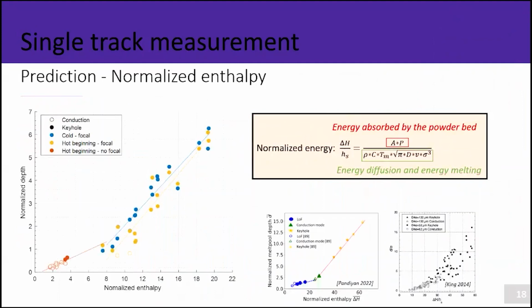And here this is my result, and here this is the result from the literature, and we can see that we observe the same tendency with two domains: the keyhole domain here, where the slope of the curve is really high, and here the conduction domain, which is more precise.